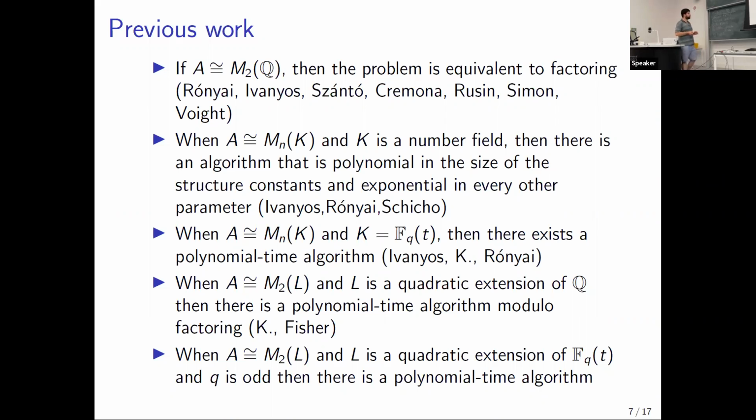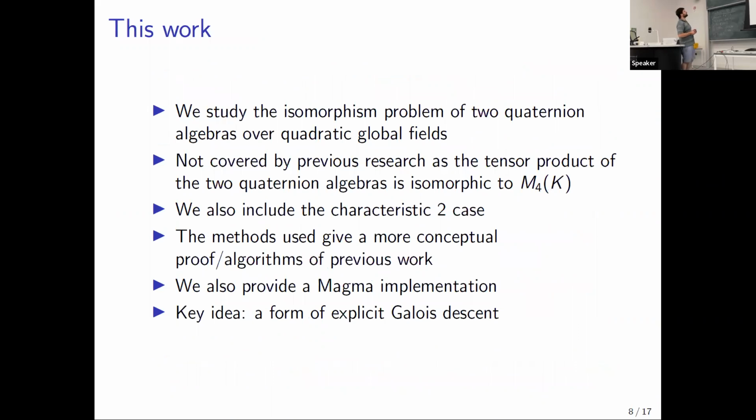So in this work, we generalize this in probably a more conceptual way, and apply it to a setting that was not quite known before. Namely, one is given two quaternion algebras over quadratic global fields, and they are isomorphic, and I want to find an isomorphism between them.